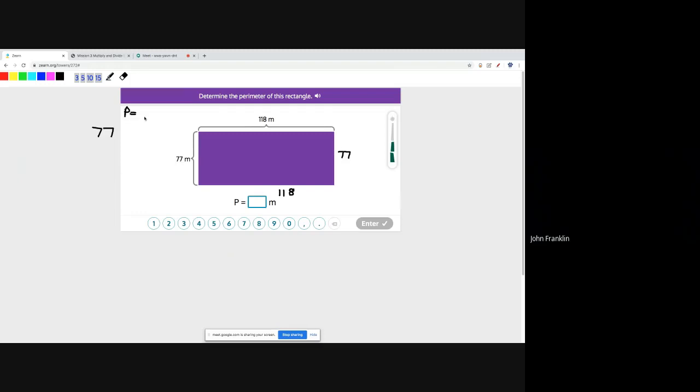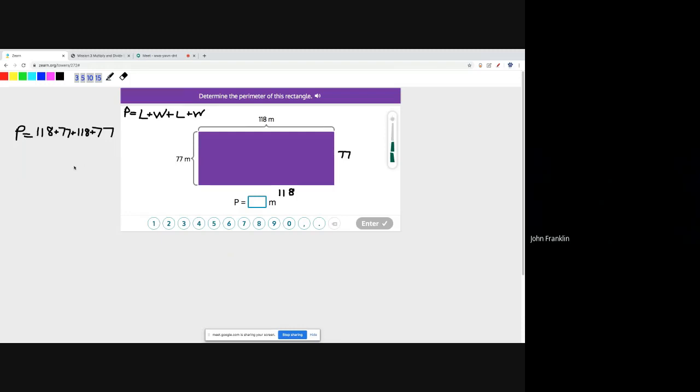We know perimeter equals length plus width plus length plus width. So perimeter equals length, which is 118, plus 77 plus 118 plus 77.